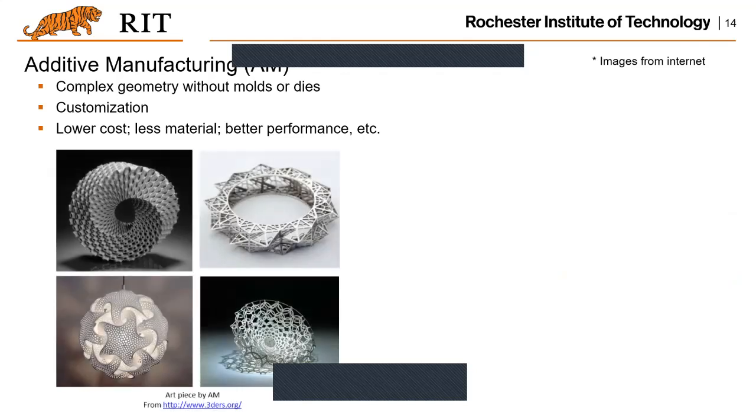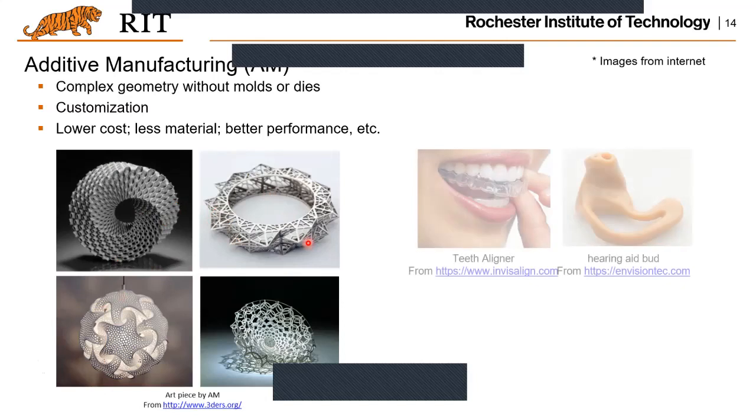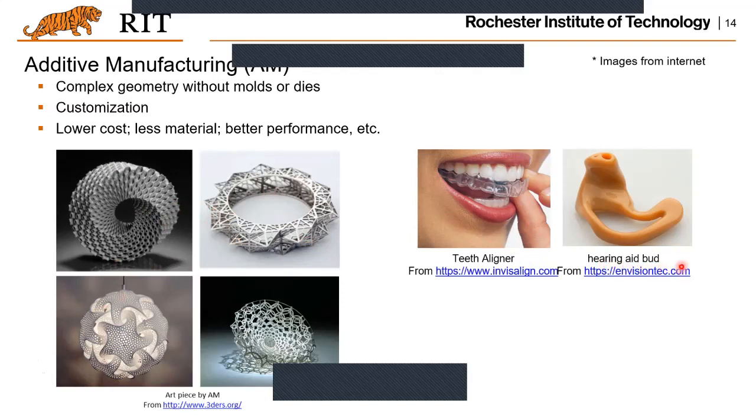For example, the parts shown here have very complex geometry, which cannot be produced using other manufacturing processes. In terms of customization, you have the teeth aligner and hearing aid buds, which are desirable to have customized design and fabrication.